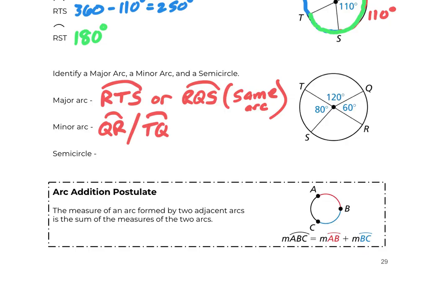A semicircle has to go across the circle and it has to go through here. So I could call RQT a semicircle, or I could say RST.